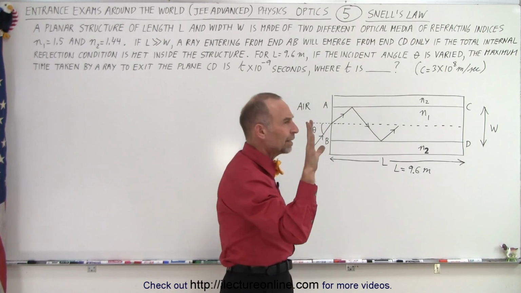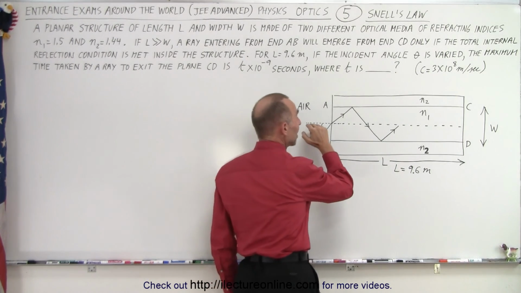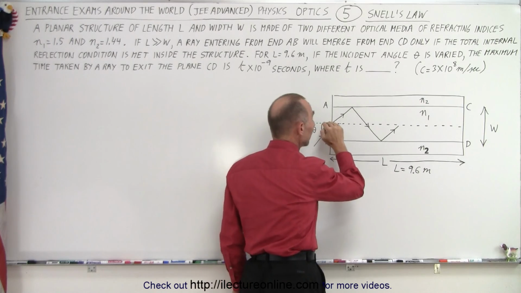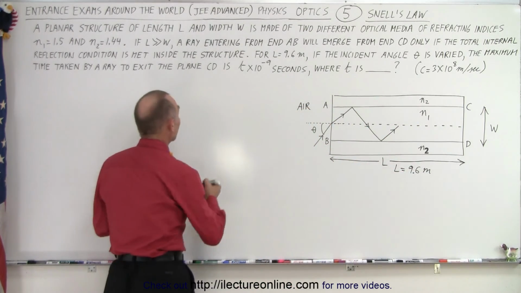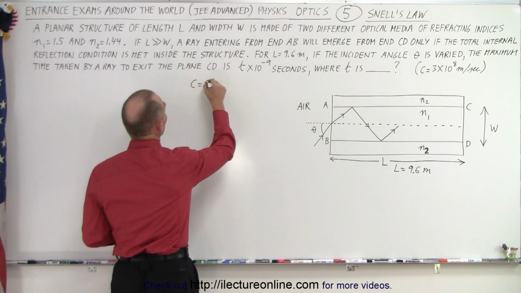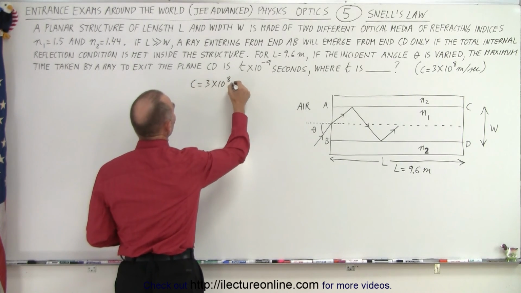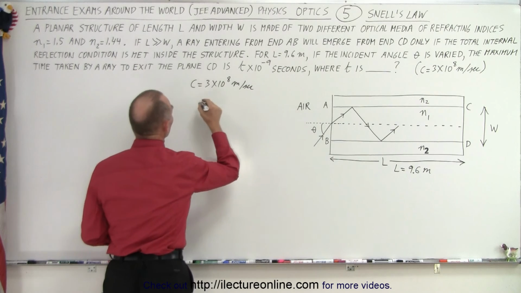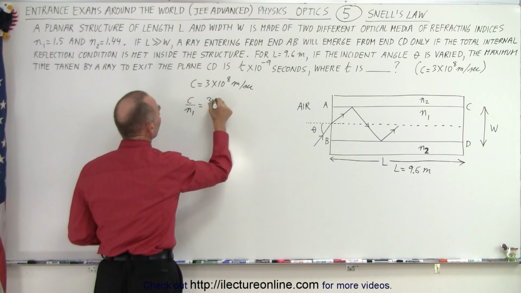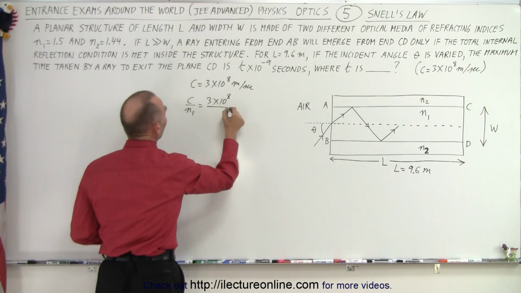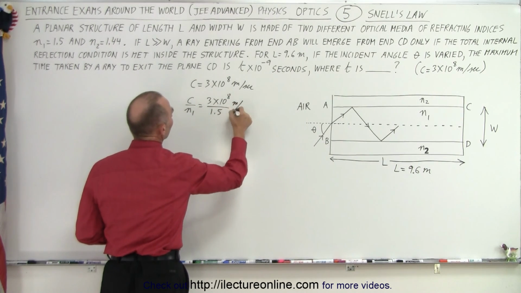But wait a minute, because when light travels in a medium other than air, it slows down depending upon the index of refraction. Since c is equal to 3 times 10 to the 8 meters per second, c divided by n1 is equal to 3 times 10 to the 8 divided by 1.5 meters per second.